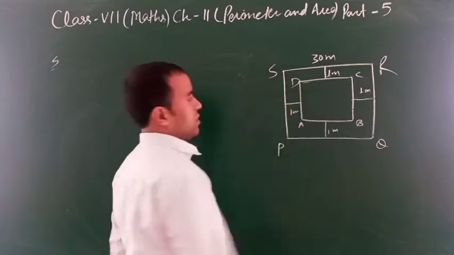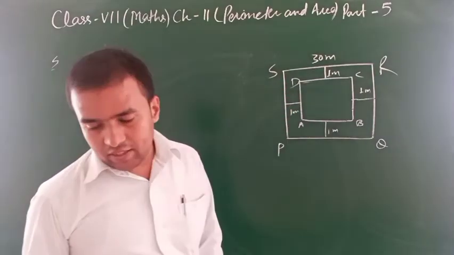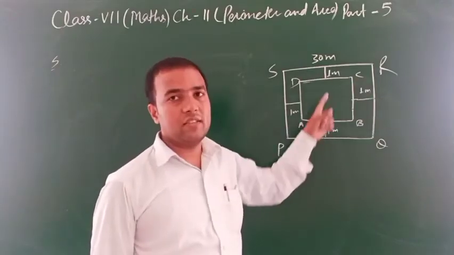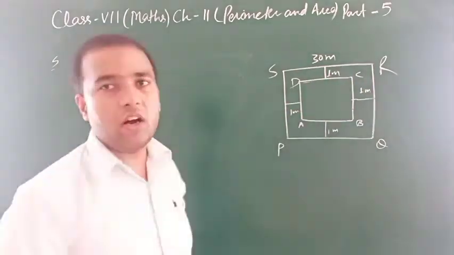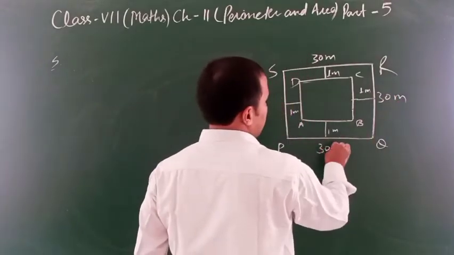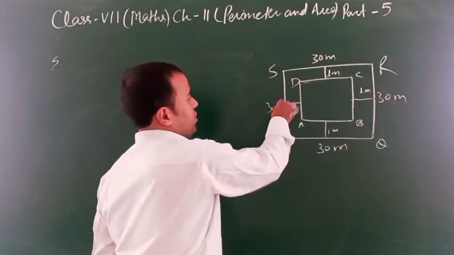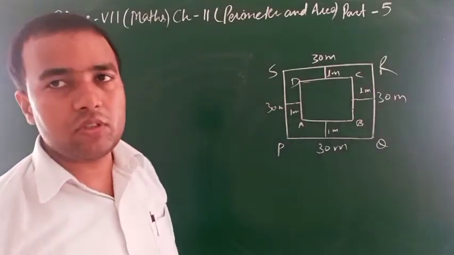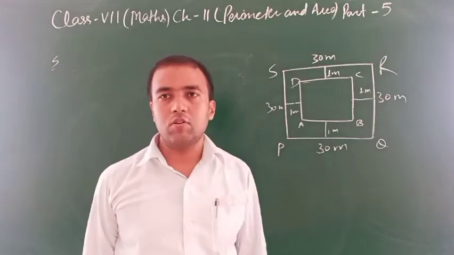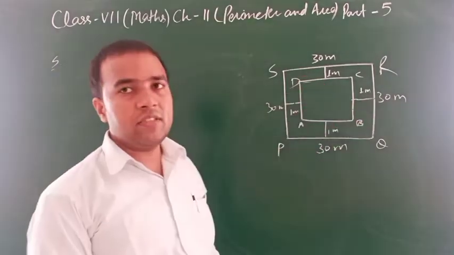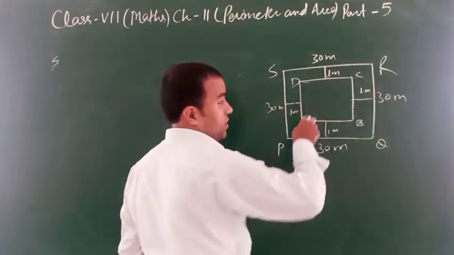ABCD. Clear? A square garden PQRS, this length is 30 meter, which means all sides are 30 meter. Why? Because we know that a square is a closed figure having 4 sides, and all sides are equal. 1 meter inside means we will subtract.